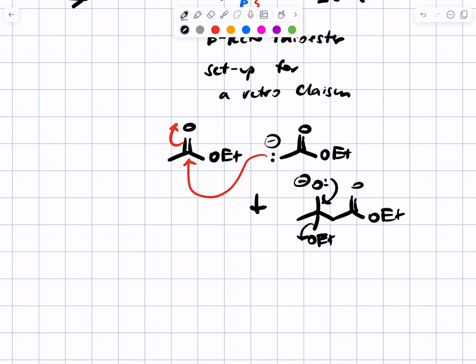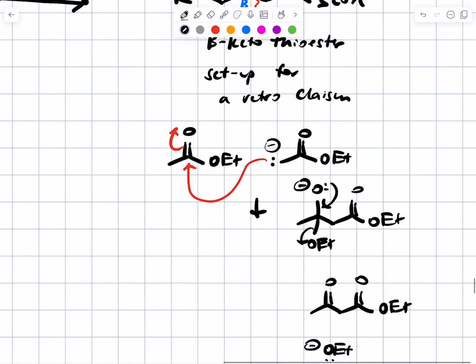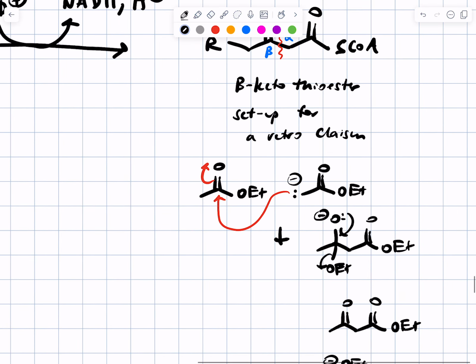And then the leaving group leaves to give you a beta keto ester. What is a retro-Claisen? Well, that would simply involve the nucleophile attacking the beta carbon to give you a tetrahedral intermediate.